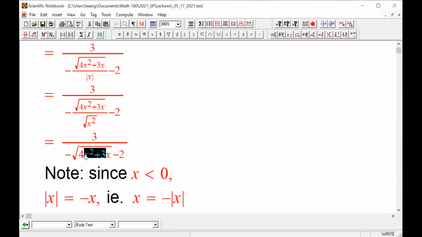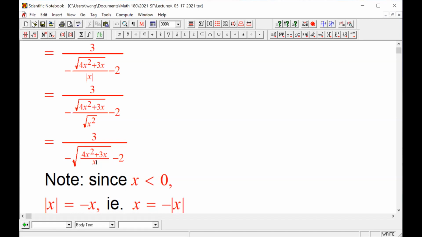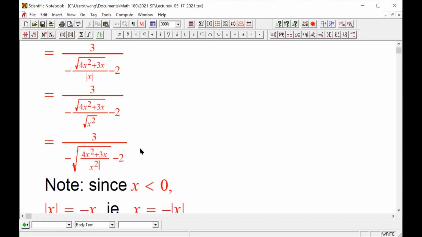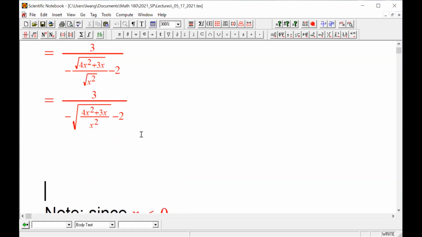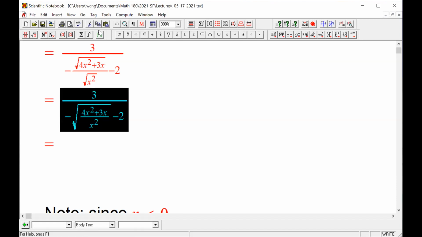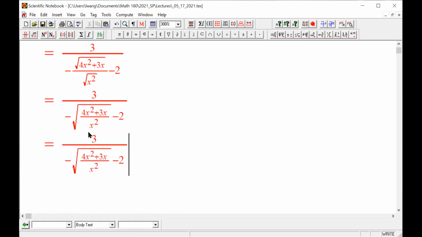Okay, like this. Like that. You follow me? And then you take this x squared, divide into this one, and divide into that one. So in the end, you have a 4 plus 3 over x.